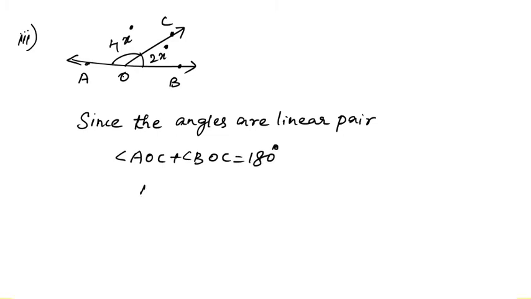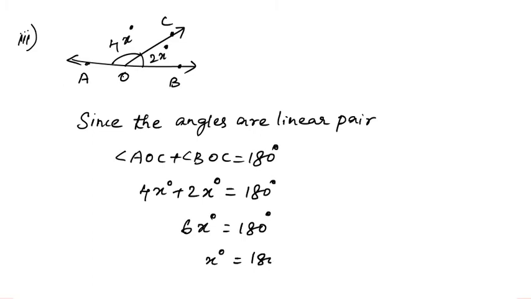So here the values are 4x degree plus 2x degree is equal to 180 degree. So when you add your LHS value, we get 6x degree is equal to 180 degree. So from here find x degree, that is 180 degree divided by 6. So when we divide, we get x degree value to be 30 degree.